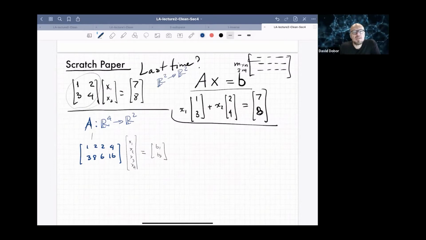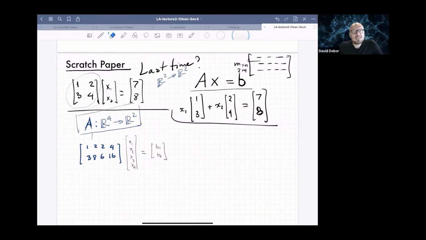We could have drawn the input vectors in the 2-dimensional space, and out came 2-dimensional vectors. This time, 4-dimensional vectors go in, because I have a 2 by 4 matrix, and out come 2-dimensional vectors on the other end. So our transformation is from R4 to R2.